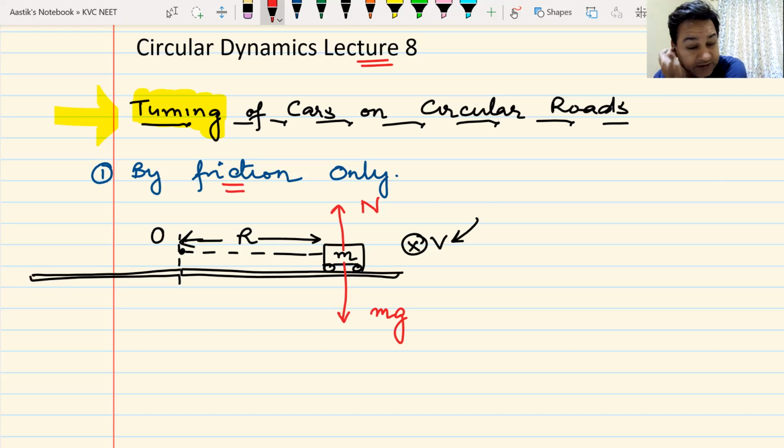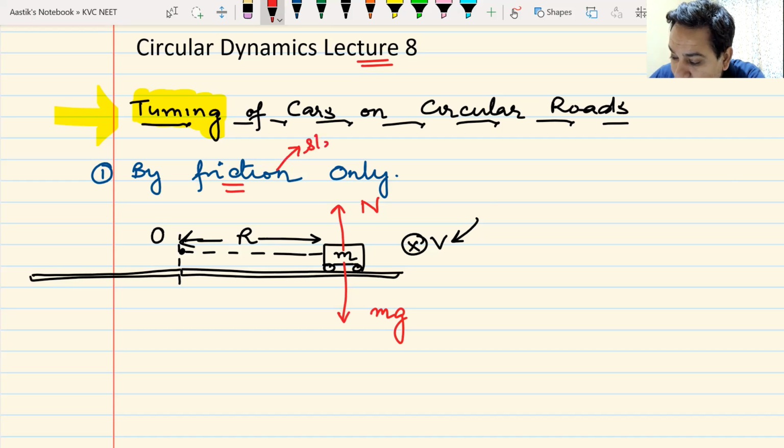Now my question is, there are two types of friction that we know. One is the static friction and another one is the kinetic or the dynamic friction. Which friction will give it the required centripetal force? Will it be static friction or will it be kinetic friction? Anyone can tell me whether this friction would be static in nature.